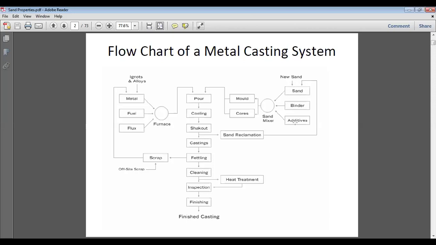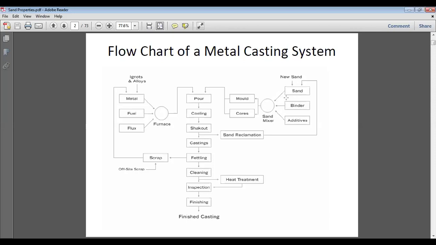And additives are further mixed into this sand and binder, so that additives provide extra strength to the sand. So sand plus binder plus additives, these three are basically used for making good sand.